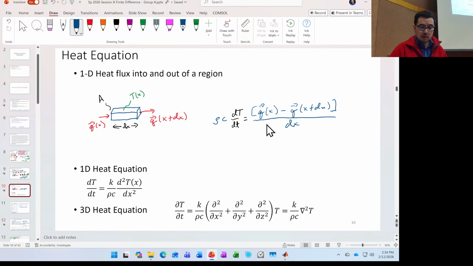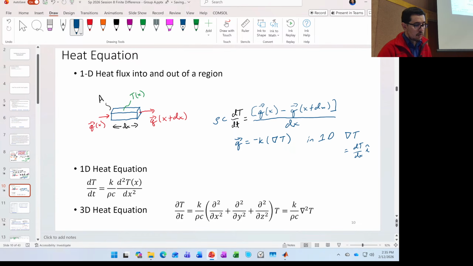So we can say that Q is equal to minus K times the gradient, or in 1D we said that the gradient is just going to be equal to dt dx i hat.